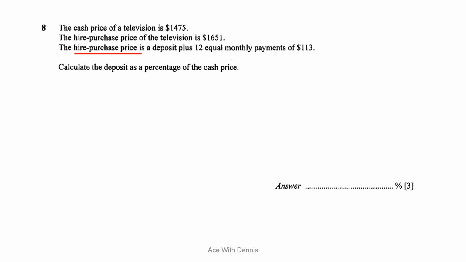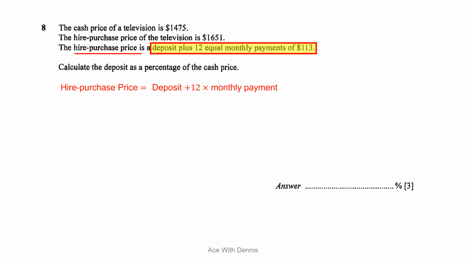So, the higher purchase price is a deposit plus 12 equal monthly payments of $113. From this sentence, we can form the equation: higher purchase price equals deposit plus 12 times monthly payment. Then we substitute the value. Higher purchase price is $1,651 equals the deposit plus 12 times $113 of monthly payment.